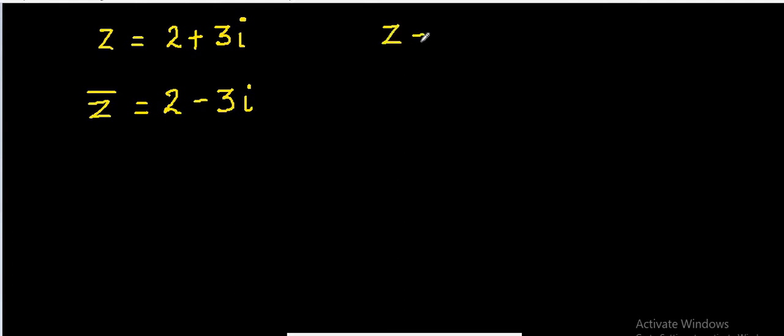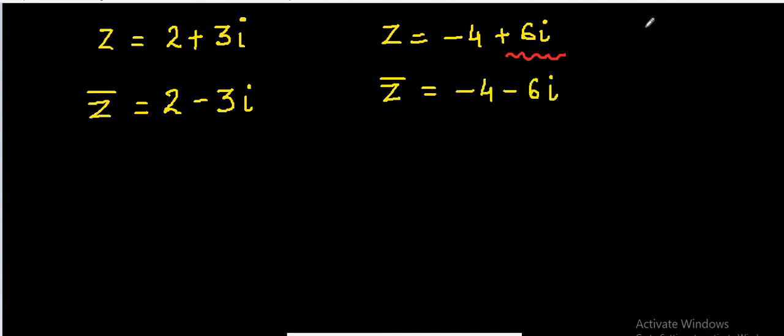If z is minus 4 plus 6 iota, what will be z conjugate? You just have to change the sign of imaginary part, not the real part. You just have to look at the imaginary part. So the z conjugate will be minus 4 minus 6 iota. What if you have z as 3 minus 2 iota? Then z conjugate will be 3 plus 2 iota.